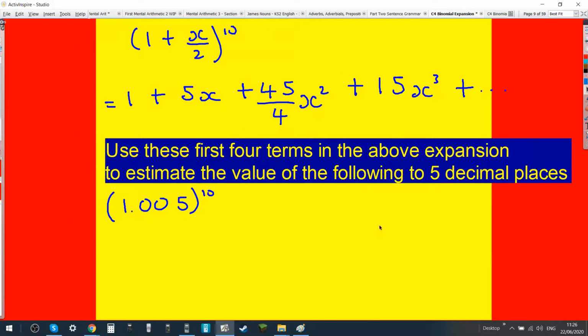Put it into my calculator. Put what into your calculator? Would I do x over 2 to the power of 10 equals 1.005 to the power of 10?